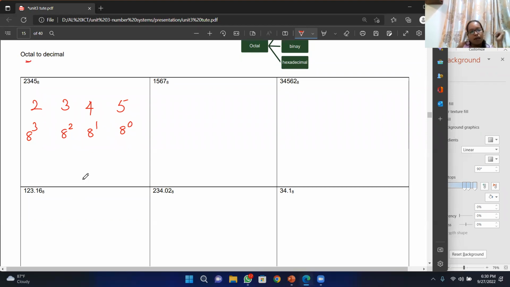Just add them up. 8 to the power 0 is 1, 1 into 5, plus 8 to the power 1 is 8, 8 into 4, plus 8 to the power 2 is 64 into 3, plus 8 to the power 3 is 512 into 2. That is 1024 plus 192 plus 24 plus 5.